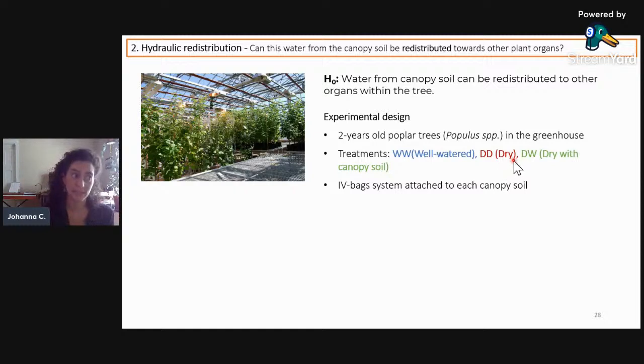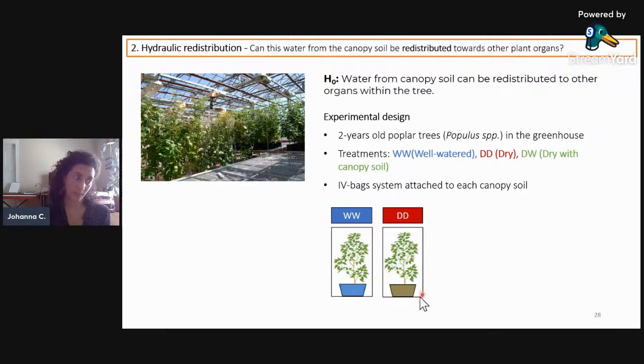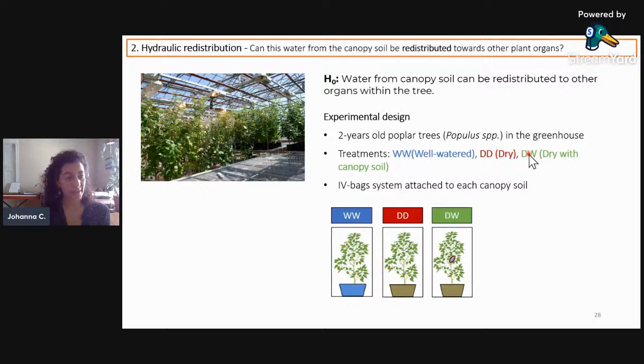There was a well water plan. So plants were completely well watered. Every other day we watered them. We have trees under dry conditions, so the pots were completely dry. And then we have a DW treatment. These are plants that are completely dry at the pot level, but they have canopy soils.